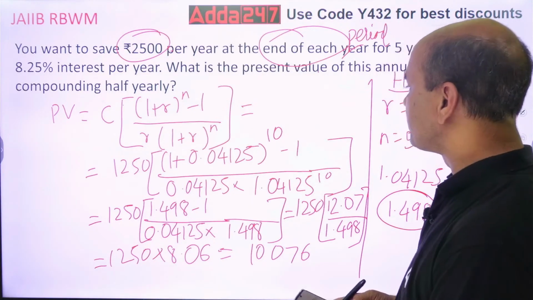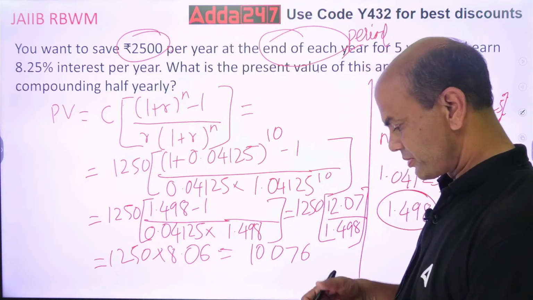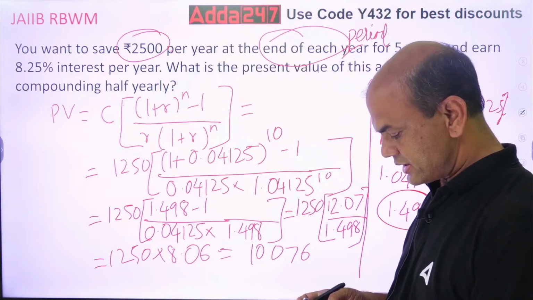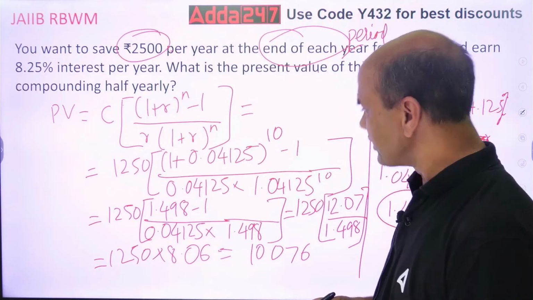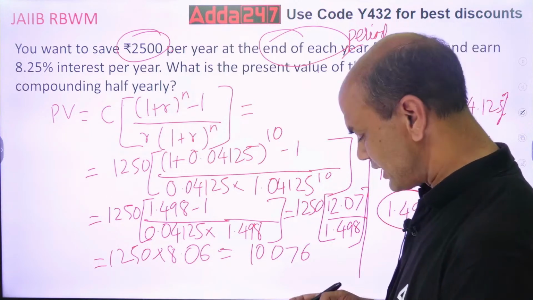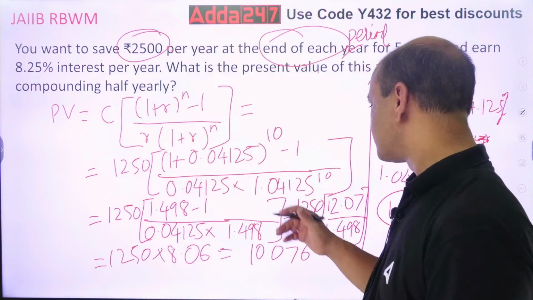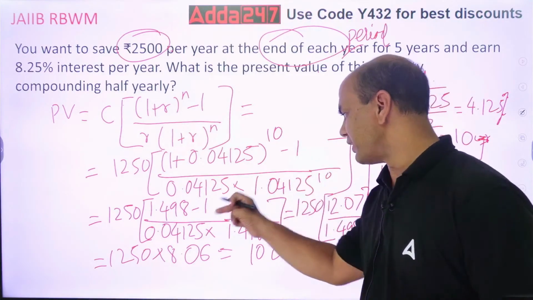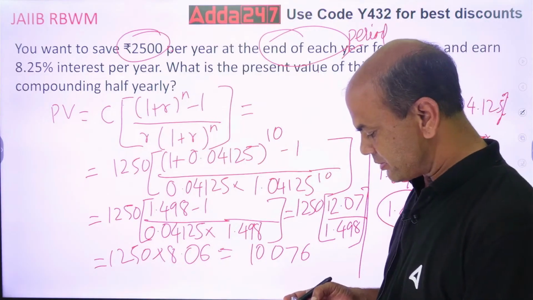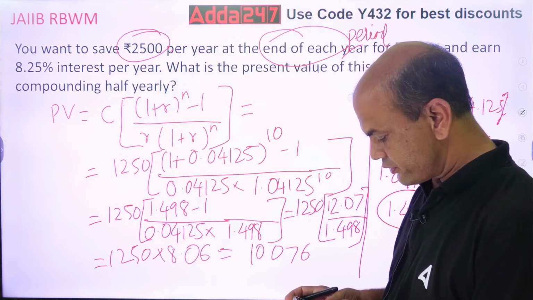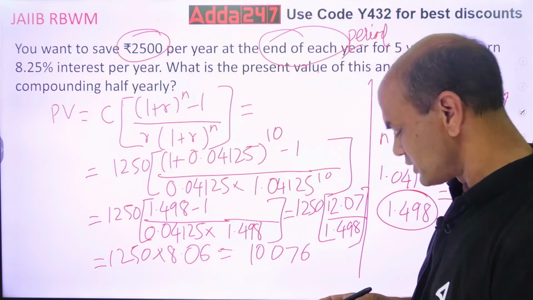So 1.04125 raised to 10. Yes. 1.498 correct. Minus 1. So that is 0.498. That is also correct. Divided by this 0.04125. So 12.07, that is also correct.